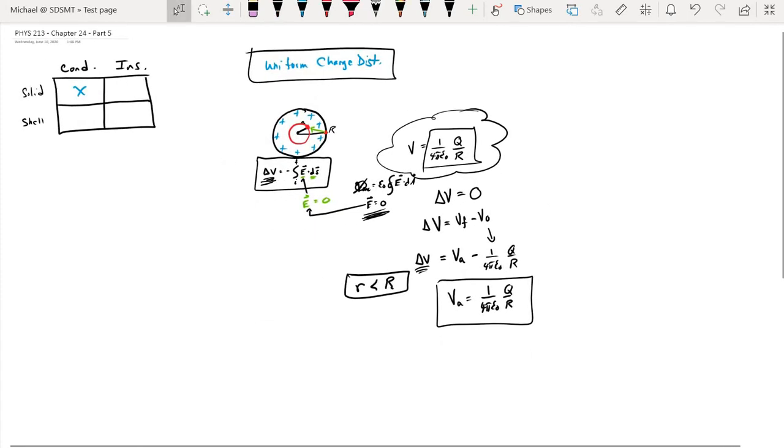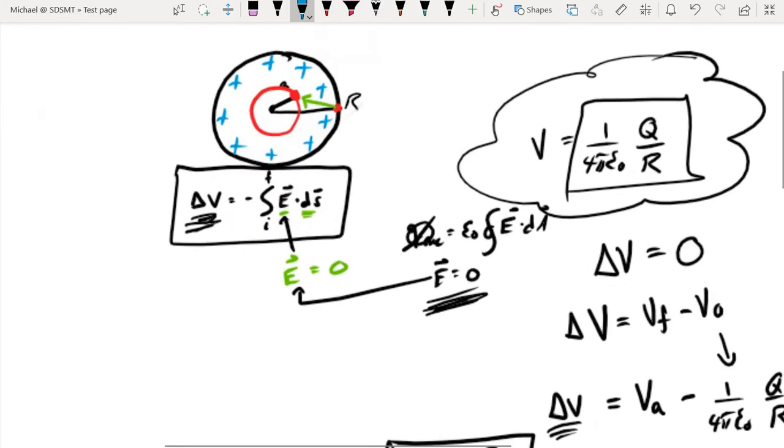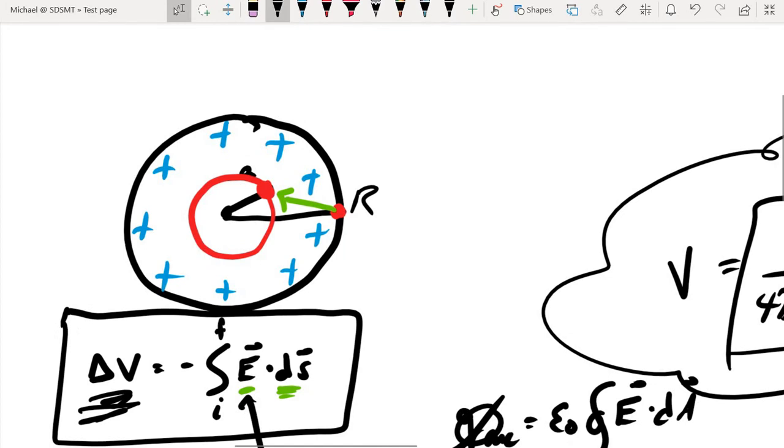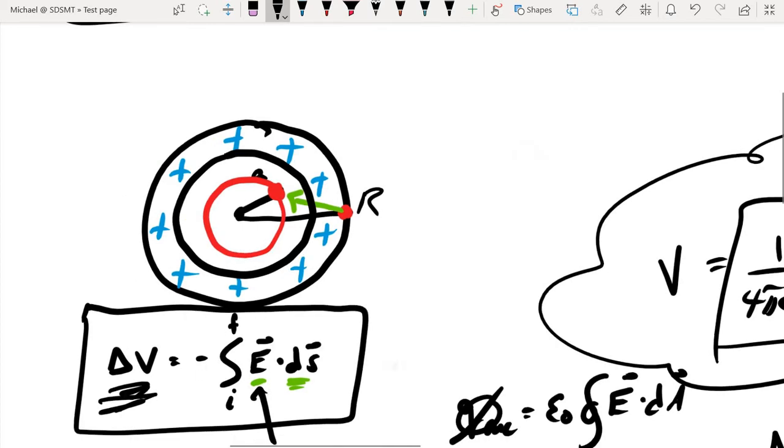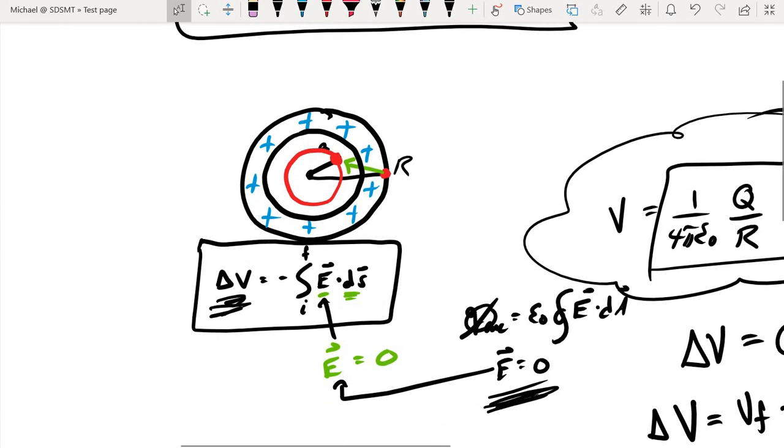Well, let's take that idea and apply it to a conducting shell. So now we'll turn our conducting sphere into a conducting shell. And I want to know the potential inside of that sphere.